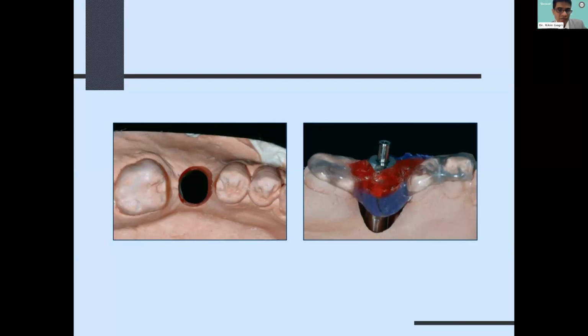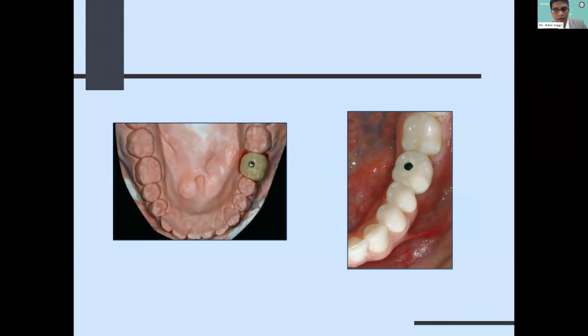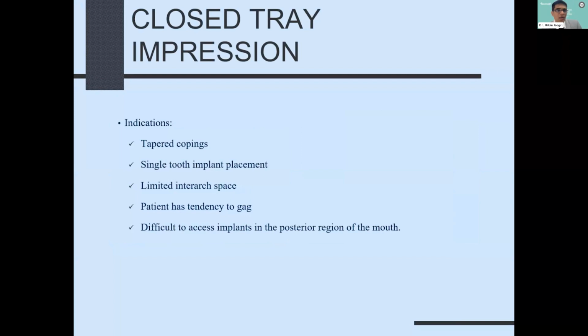Then you have a master cast where you have ditched out the entire space, and you place this surgical guide kind of template onto your adjacent teeth and ensure that your spatial recording of your implant position is perfect, and a crown is fabricated and you can see it in seat.